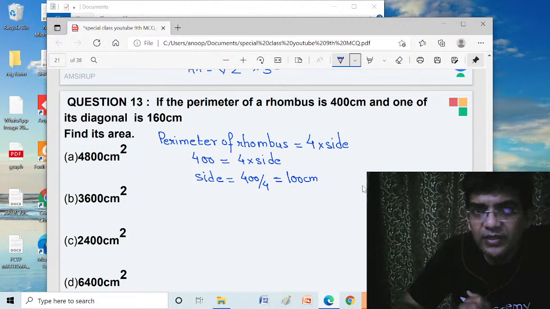So I'm trying to get the numbers in even powers. 10 raised to the power 4, 8 raised to the power 2, 6 raised to the power 2. Now I will take the square root. Square root means the power will be reduced to half. So the area will be 10 raised to the power 2, 8 raised to the power 1, 6 raised to the power 1.